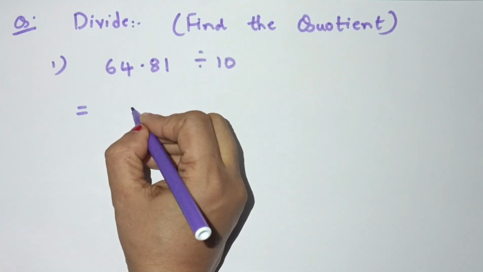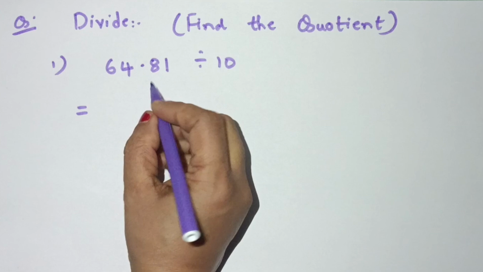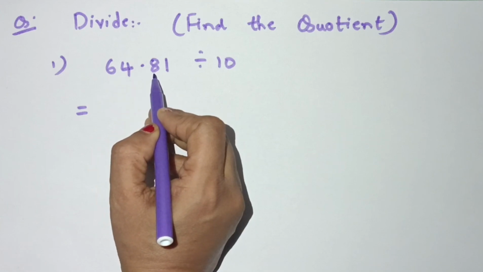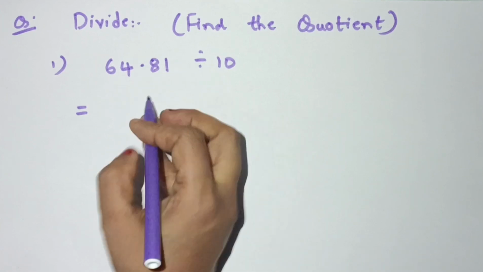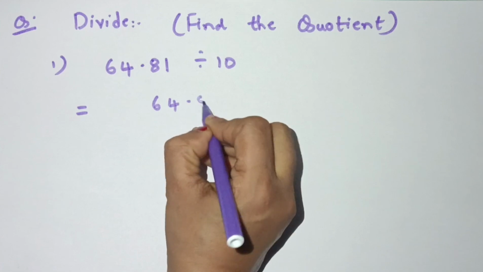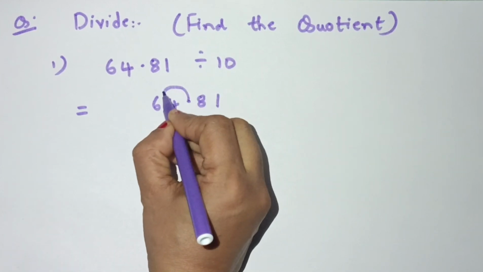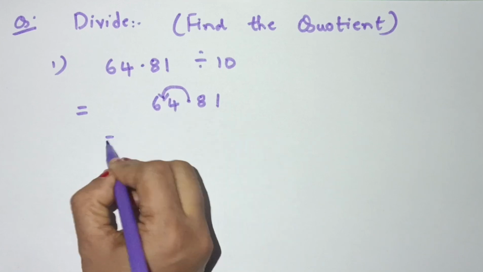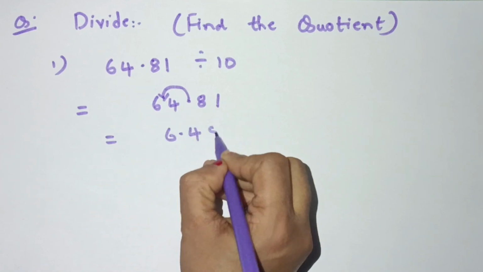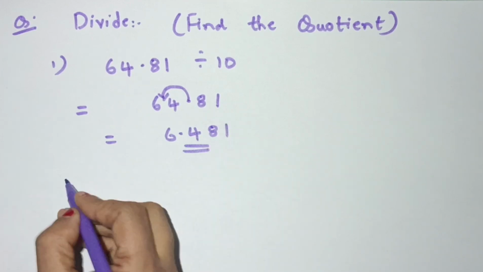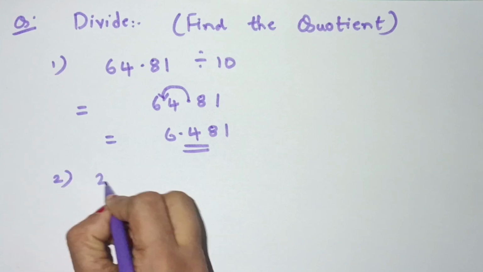So first and foremost, what should I do? Just tell me. The decimal number is 64.81. It is divided by 10. So the decimal point shifts one place to the left. One place. So your answer is 6.481.